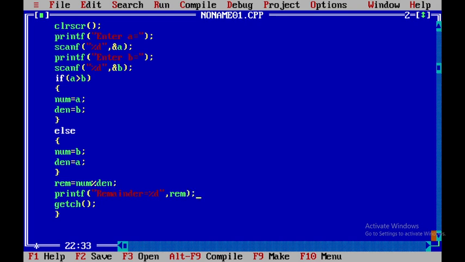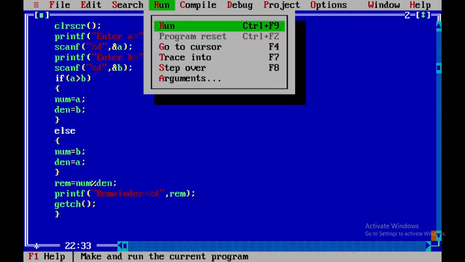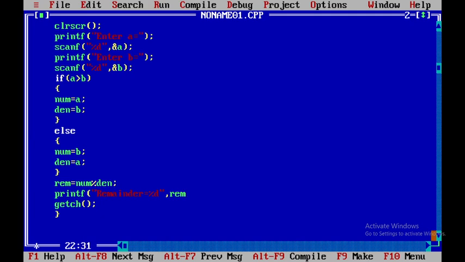Now if you run here, suppose we take here 8 and 18, so what is your remainder? 2. If we divide 18 by 8, remainder is 8 times 2 is 16, and 18 minus 16 is 2. So remainder is equal to 2. So this is the remainder. We are going to calculate the remainder.